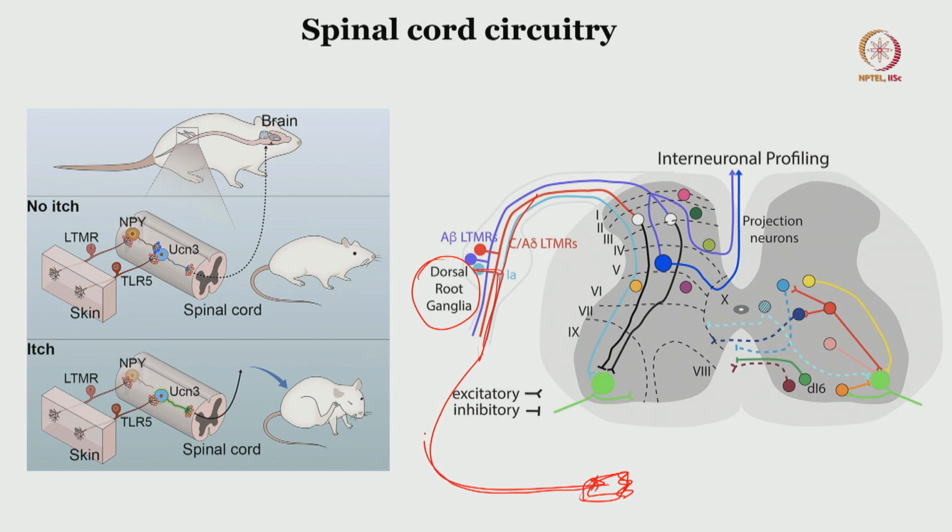It carries the impulses and relays them, processes the information, then it goes to the specific neuron in layer 3 of the dorsal horn, then it synapses with the interneuron, then it sends the neurons right on top until the thalamus. From thalamus then it goes to the brain, which is the third order, that forms the second order, this is the first order neuron. So, that is the entire circuitry for the touch sensation, if I were to say.